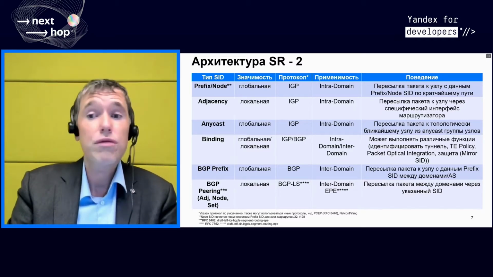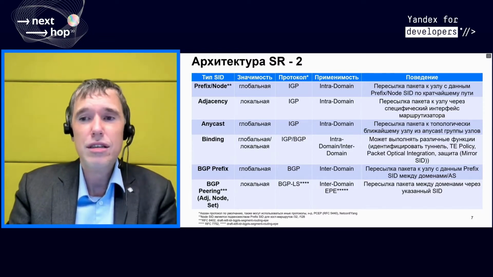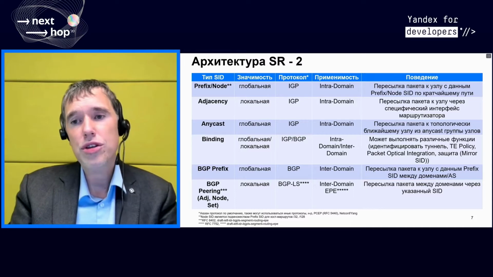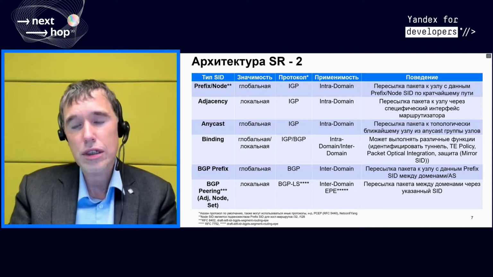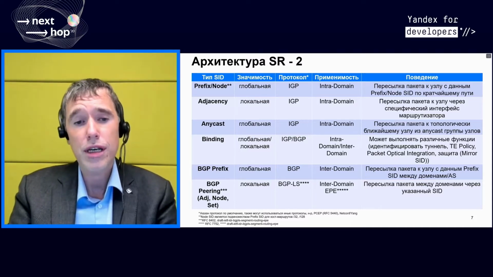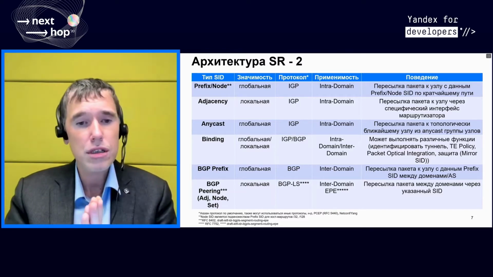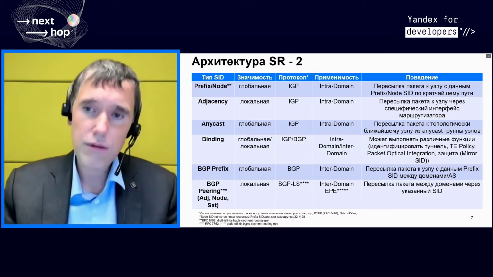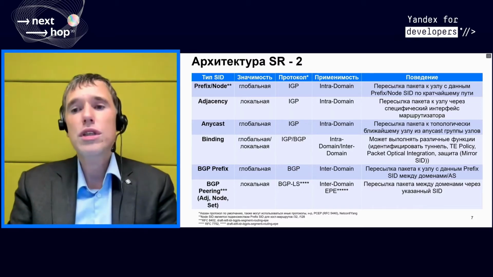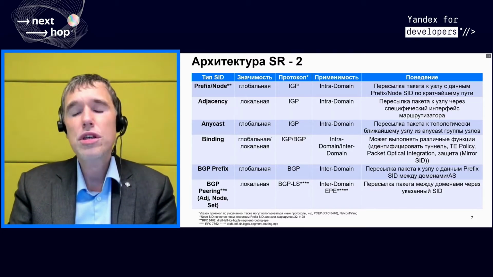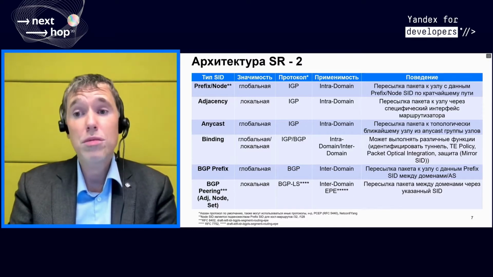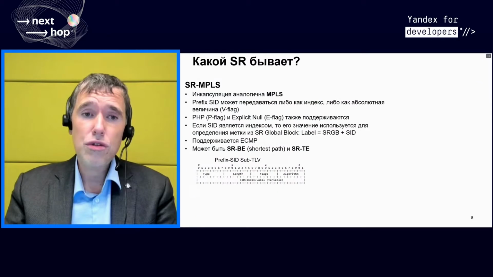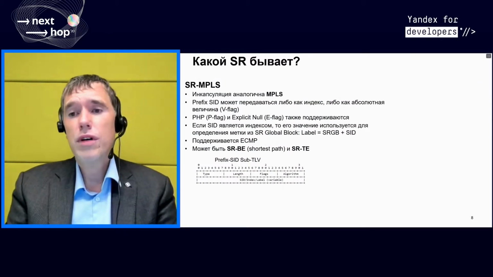This is probably the most multifunctional SID, which has a lot of features. And I'm going to talk about one of its applications. And there is a type of SIDs which are connected to BGP and which are used in architecture where we need traffic engineering between different autonomous systems and design on this basis.